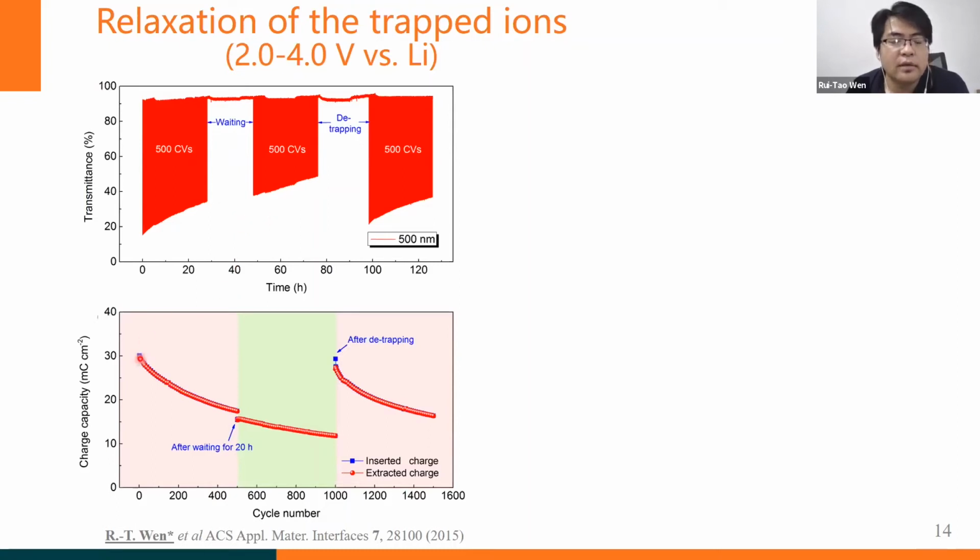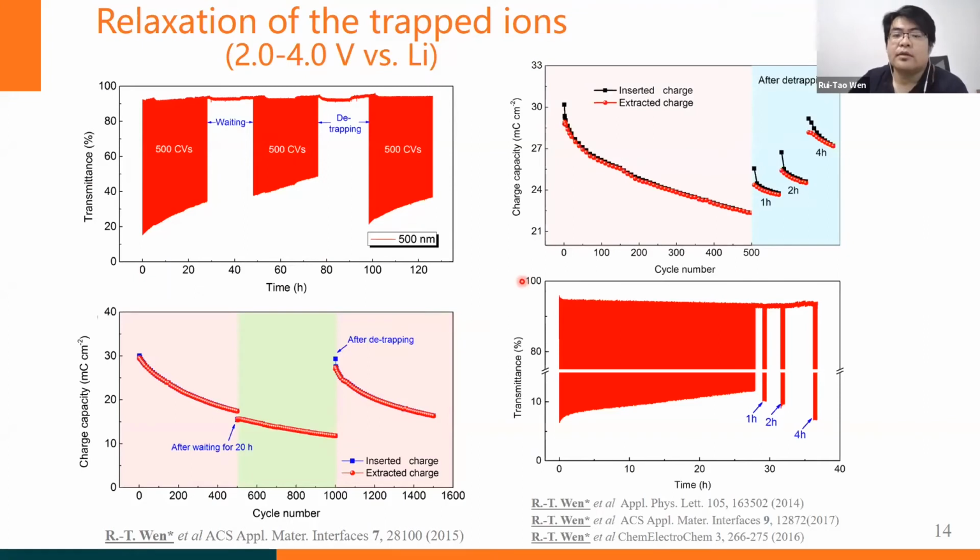So after we cycle it twice, first 500 cycles and then another 500 cycles, we want to check whether we can regain its initial performance. The answer is yes, so we can extract the ions to refresh the film. The next question is how long we should apply this current to refresh our films.